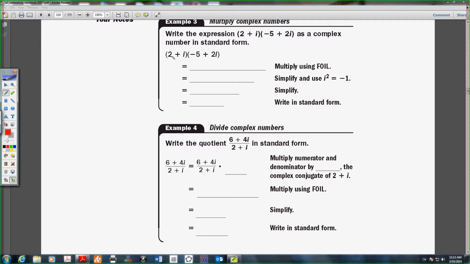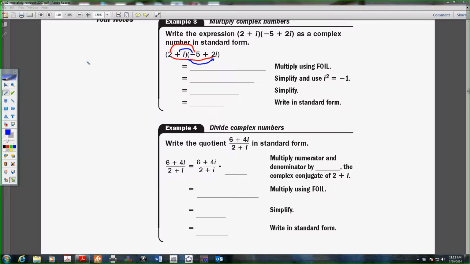Double distribute, right? So this real number is going to multiply by -5, and it's also going to multiply the imaginary number. Same thing is going to happen with the imaginary number. It's going to multiply -5, and then it's going to multiply the other imaginary number.